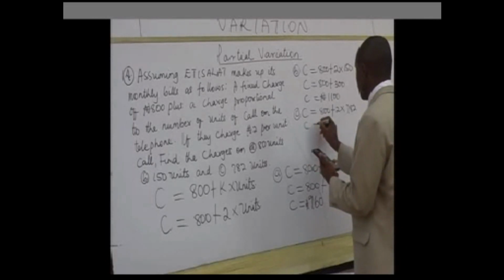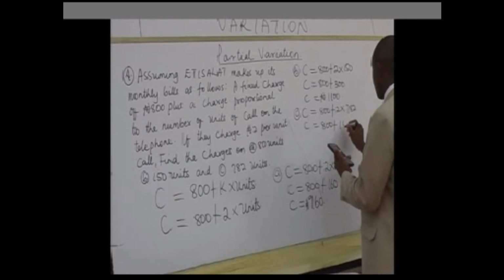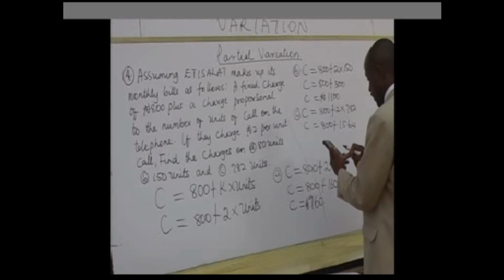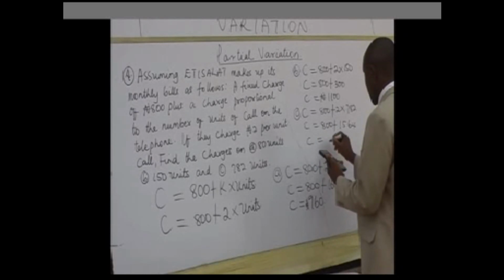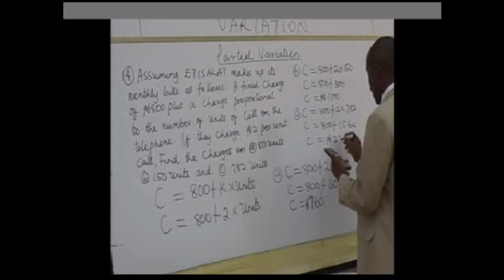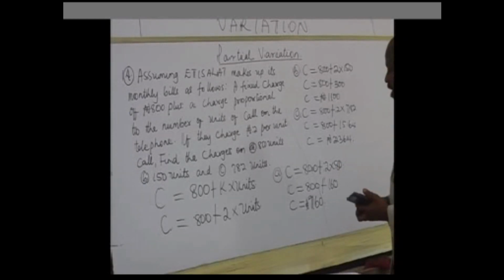That means C is equal to 800 plus 1,564. So add 1,564 to 800. So C in this case is 2,364 naira. And that has brought us to the end of question number 4 on our partial variation.